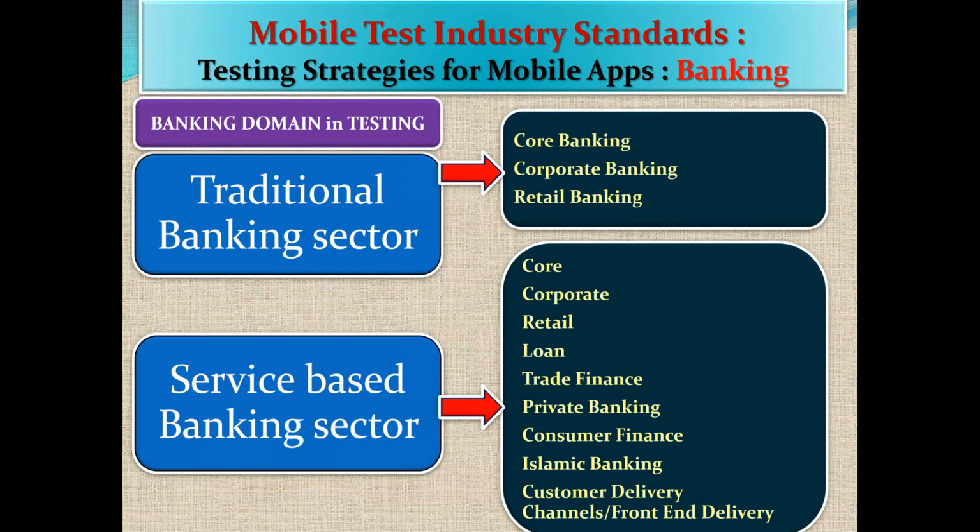And if you can see traditional banking sector, it includes core banking, corporate banking, retail banking, and the core corporate retail loan, trade finance, private banking, consumer finance, Islamic banking, customer delivery channels, and front and end delivery.